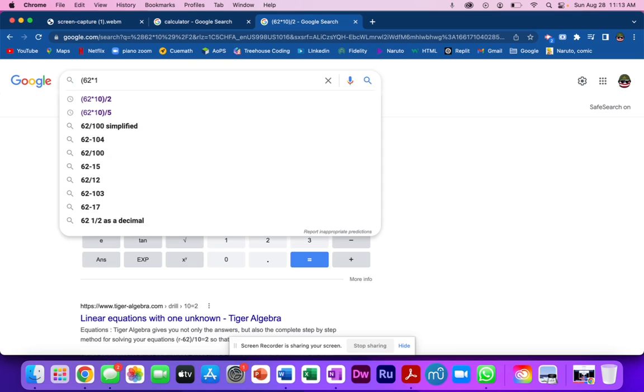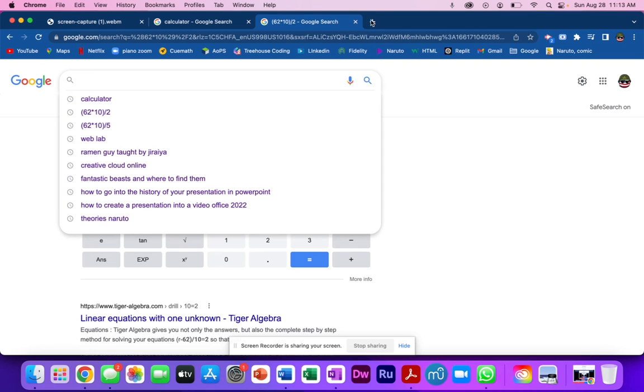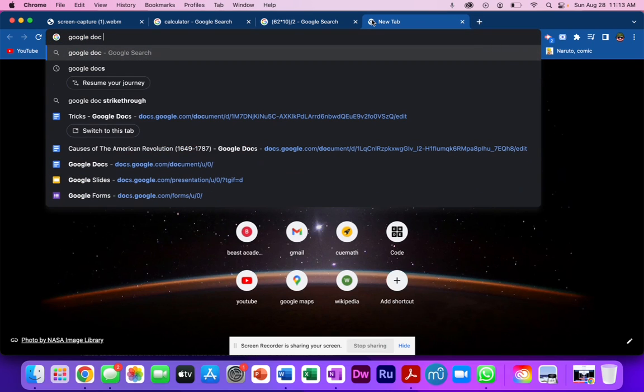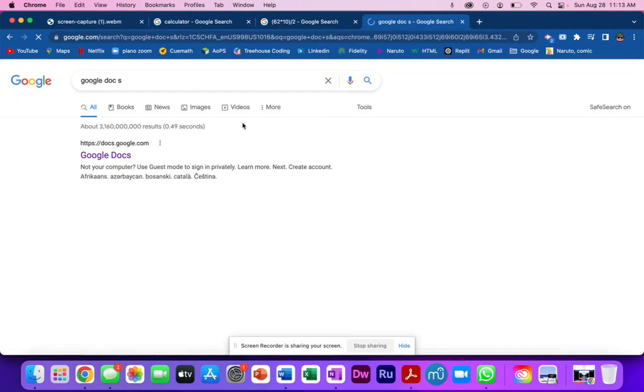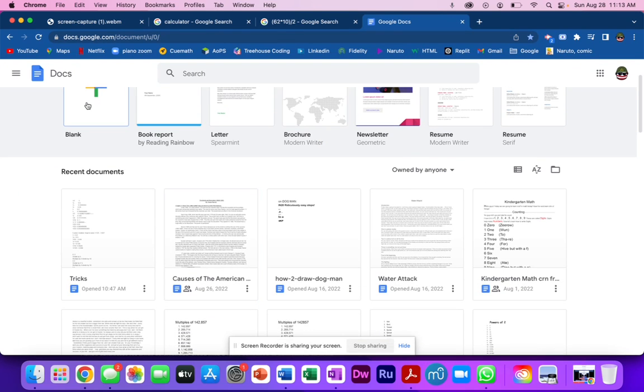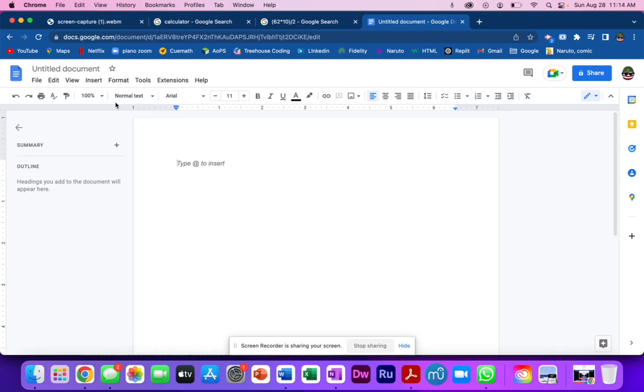Now let's try with another number. I'm going to give you some tests. I haven't really prepared this, but I'm going to give you some tests. The first number is going to be 26. 26 times 5 equals what?